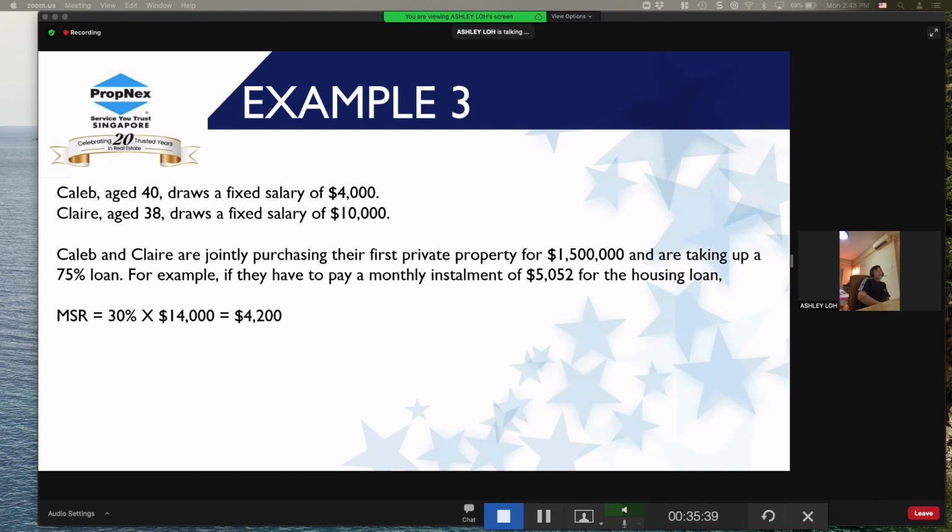Which only amounts to $4,200. Maximum $4,200 can be used to pay for the property. But right now, their property needs 5052. At this current juncture, they cannot afford this property.